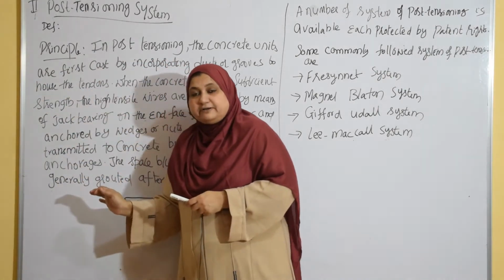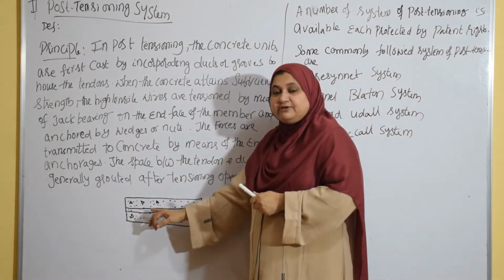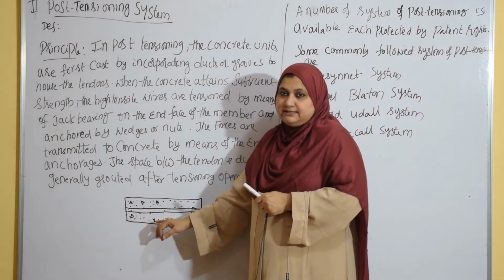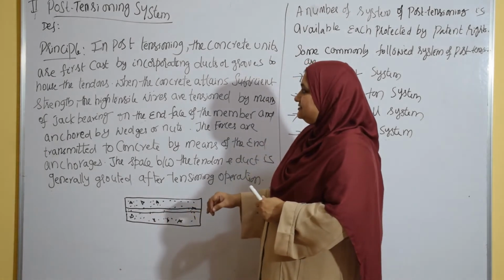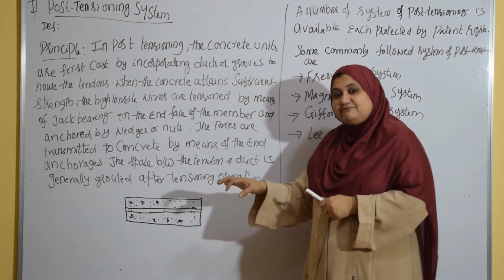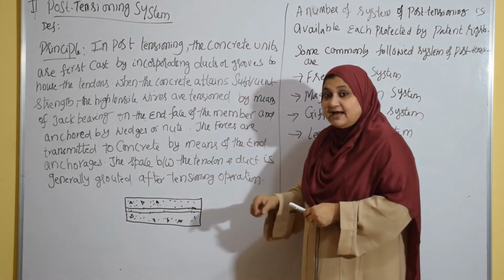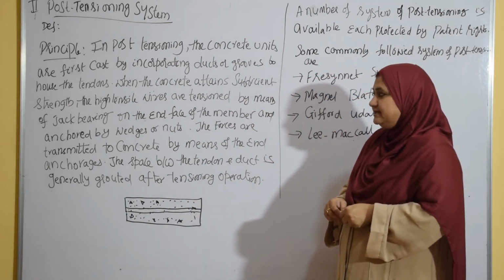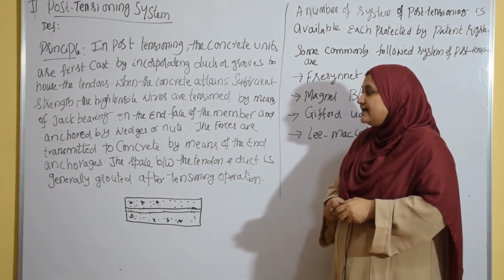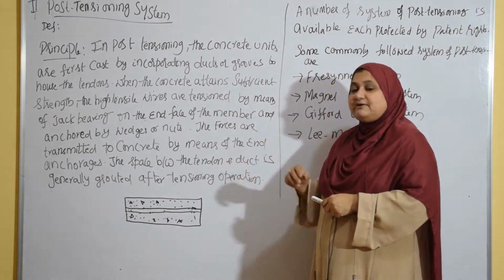So first a concrete beam is cast with a groove or a duct to house the tendons. When the concrete attains sufficient strength, the high tensile wires are tensioned by means of a jack bearing on the end face of the member.